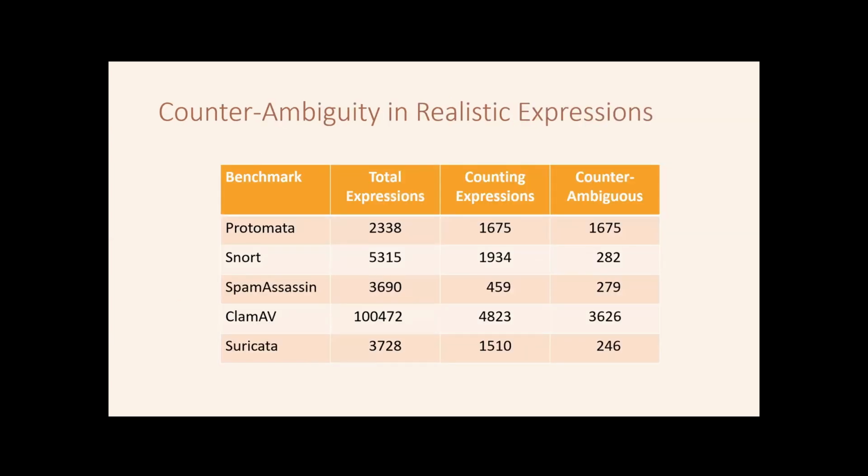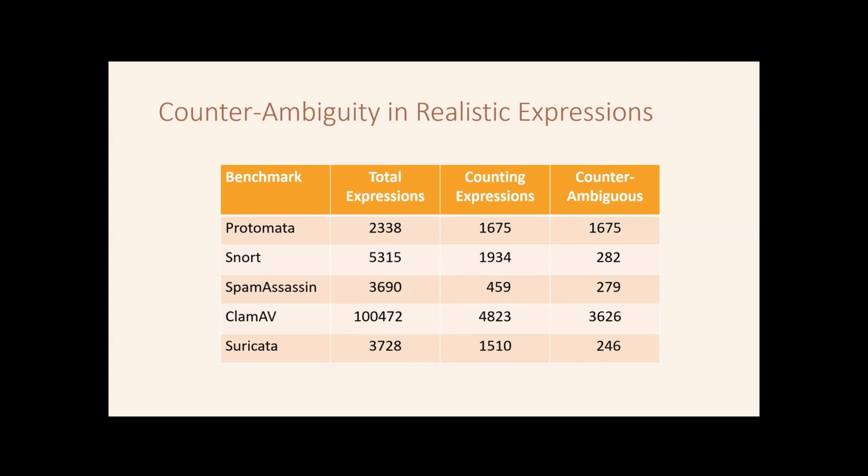Here I have a table showing how frequently counting expressions occur in realistic data sets and how often they are counter ambiguous. From the second column, we see that counting expressions are indeed fairly ubiquitous.